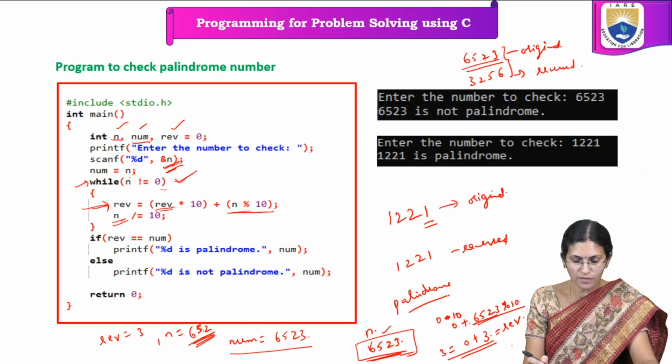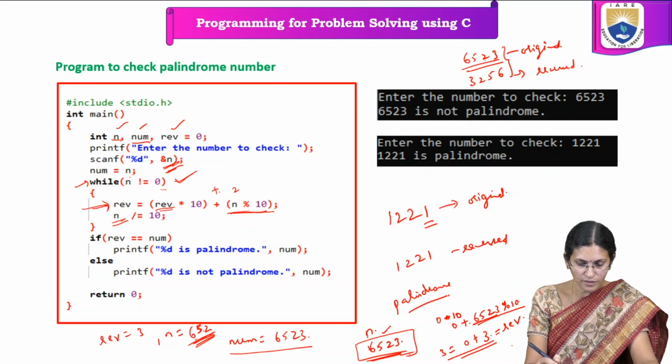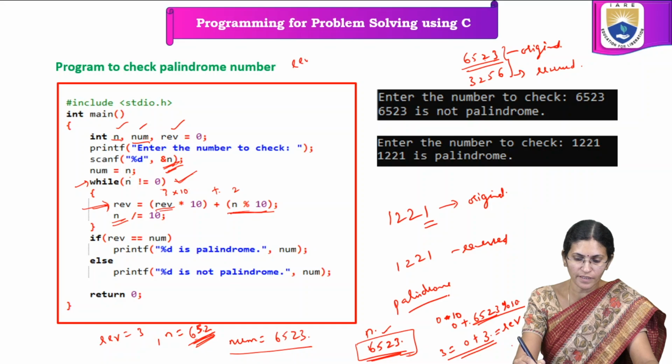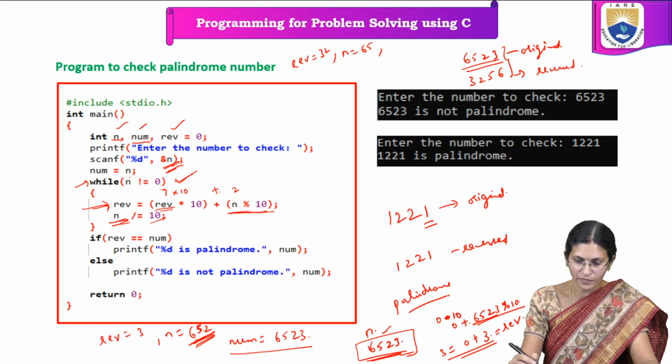Previously the value of reverse is 3, so 3 into 10 is 30, and 30 plus 2 is 32. Now in the second iteration reverse is 32, and n is equal to 652 divided by 10, so you'll get 65.